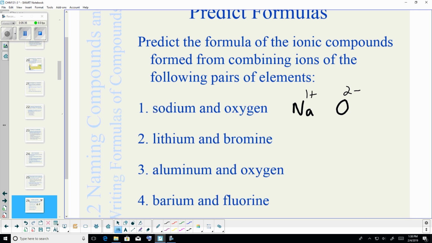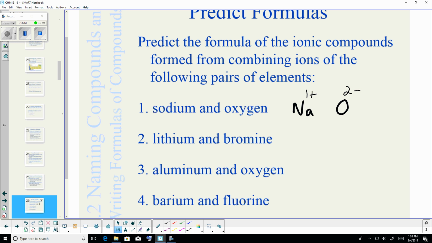Remember, it's plus 3 up to column 3A. Then we don't look at column 4. Then it's minus 3, minus 2, minus 1. So we got to put those together so that the total is 0. So oxygen has 2 negatives, right?